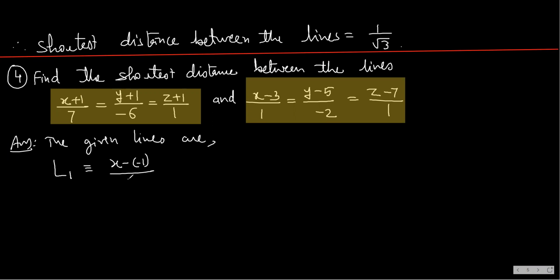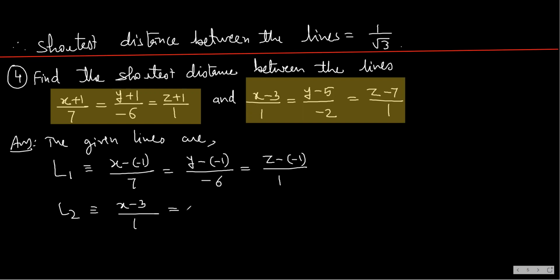So x minus of minus 1 upon 7 equals y minus of minus 1 upon minus 6 equals z minus of minus 1 upon 1. And what is L2? L2 I will write x minus 3 upon 1 equals y minus 5 upon minus 2 equals z minus 7 upon 1.